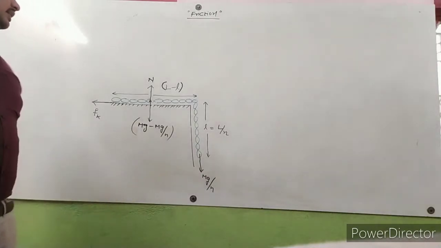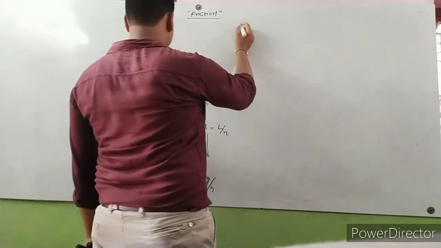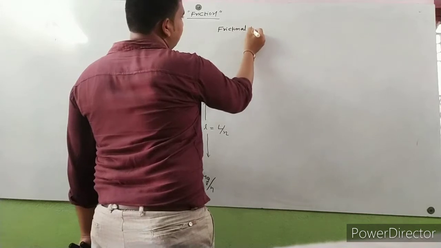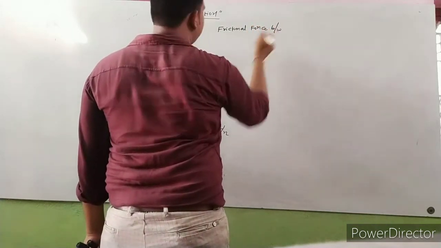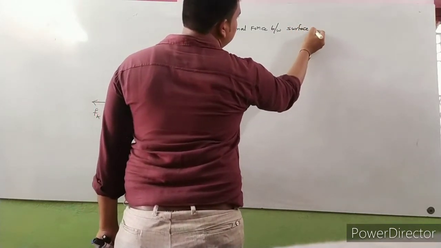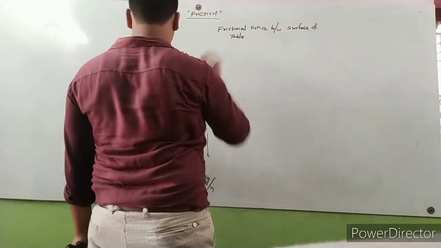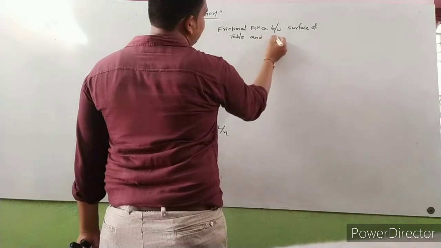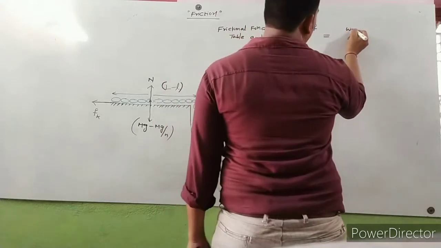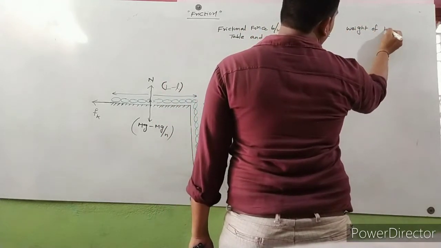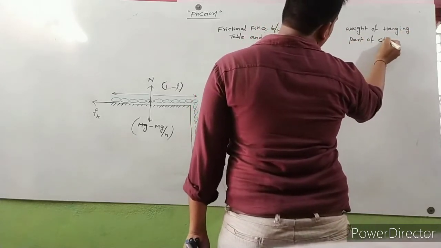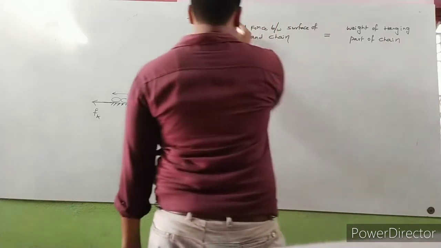So the frictional force between the surface of the table and the chain is equal to the weight of the hanging part of the chain.